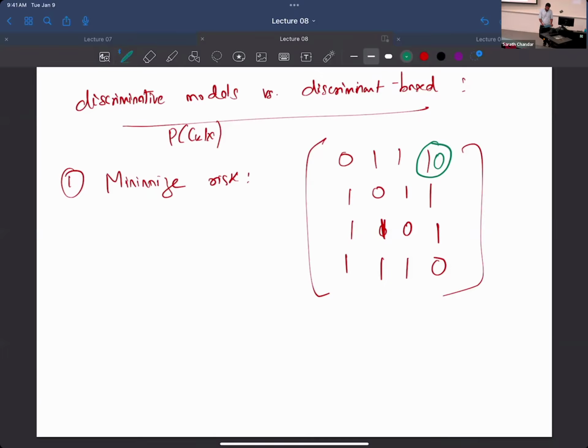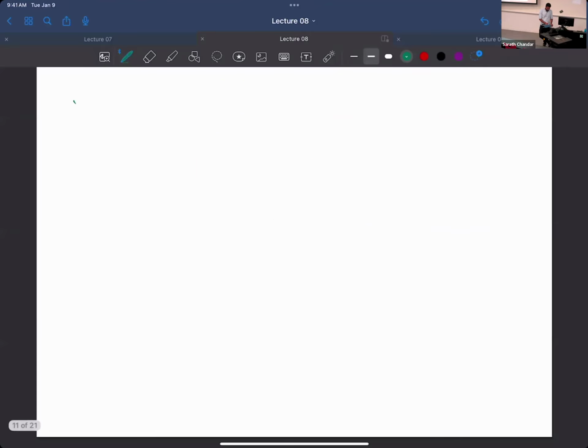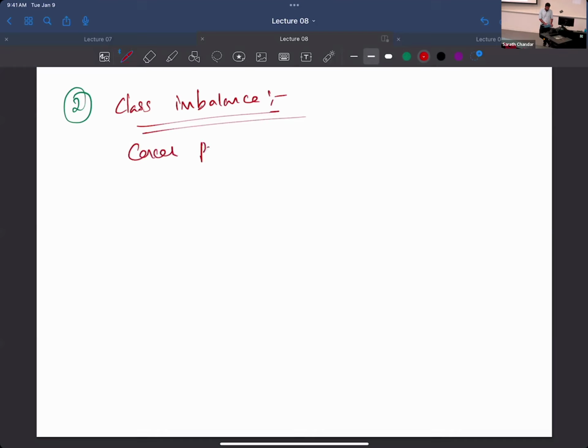The other benefit of having discriminative models is you can actually use these probabilities to handle class imbalance. For example, let's say I want to do cancer prediction.